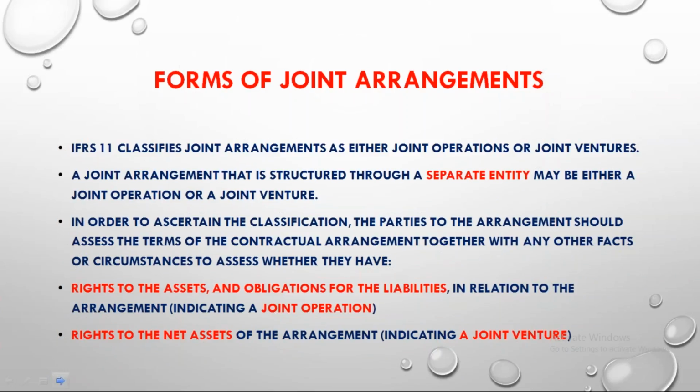It is separately carved out and converted into a separate entity, not a company, but a separate business arrangement. So, you should assess the terms of the contract together with any other facts to assess whether they are rights to the assets and obligations for the liabilities. In that case, it is going to be a joint operation. If the rights are to the net assets, then it is a joint venture.